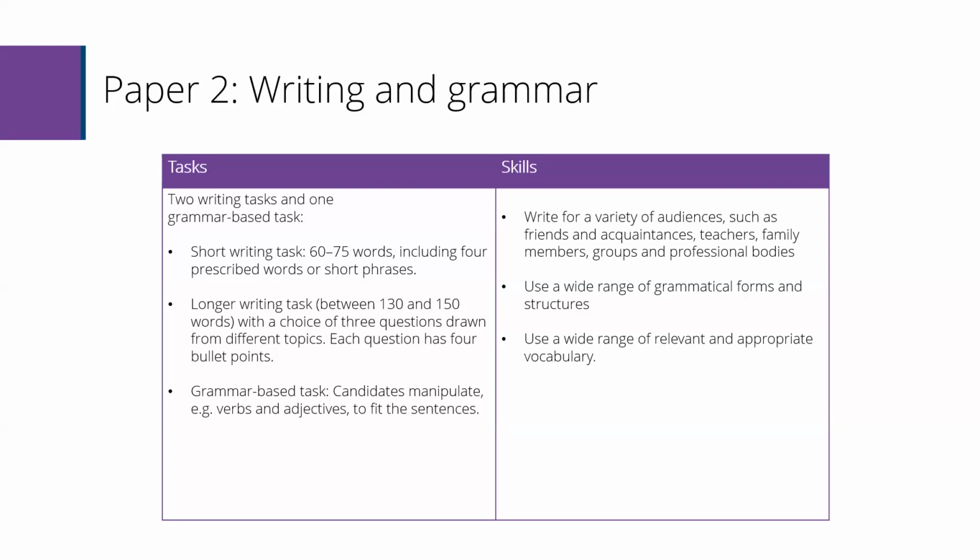It's important to notice here that use of the word range. Okay, and what examiners are looking for is lots of variety, so that we don't have the same word, the same structure used over and over again.